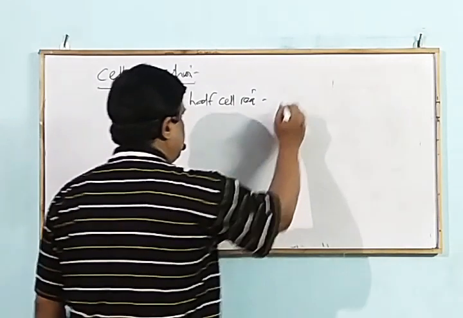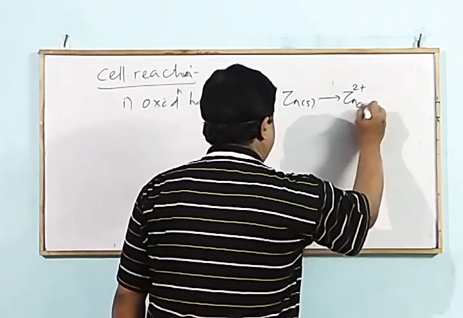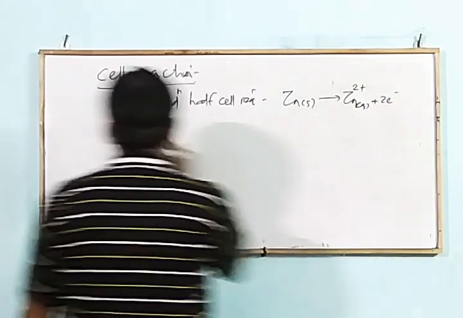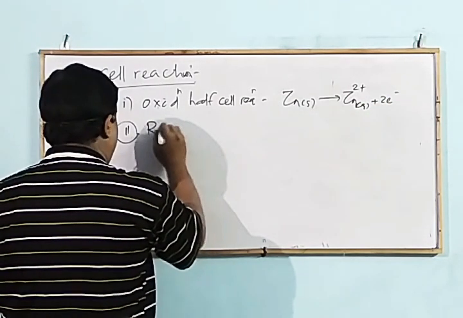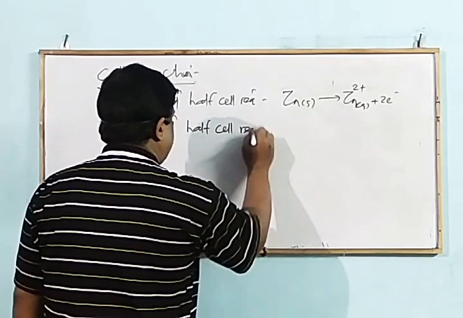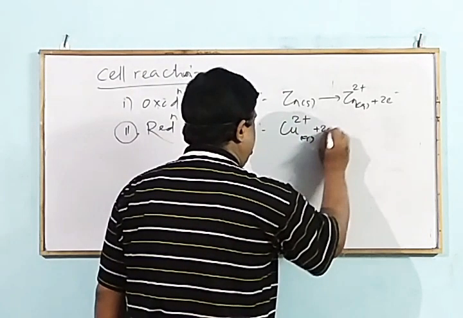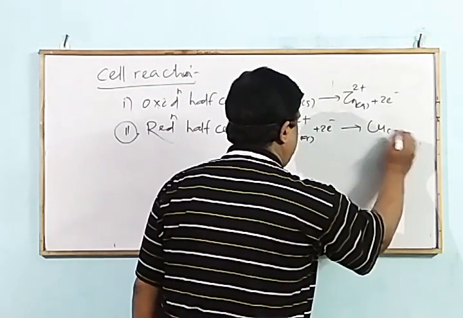That means zinc solid gives rise to zinc ion plus 2 electrons. And the second one is the reduction half cell reaction: copper ion gains electrons to give rise to copper solid.